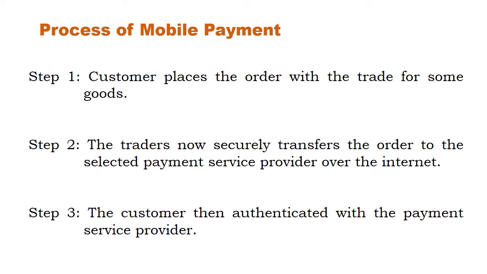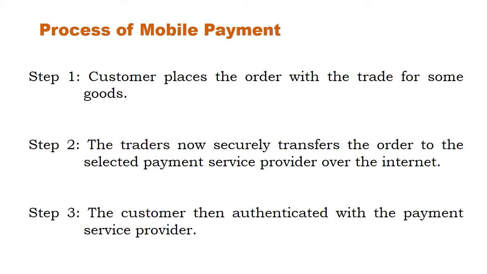The first step is the customer places the order with the trader for some goods. The second thing is the trader now securely transfers the order to the selected payment service provider over the internet. The third step, the customer is then authenticated with the payment service provider.